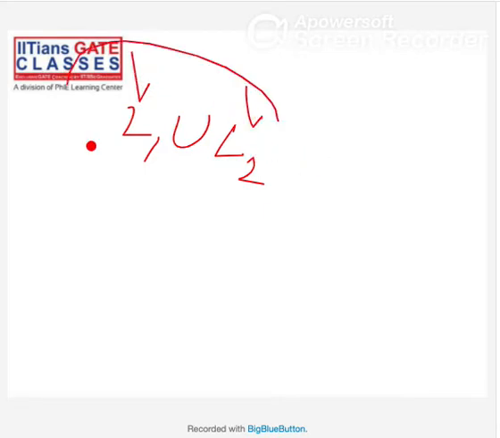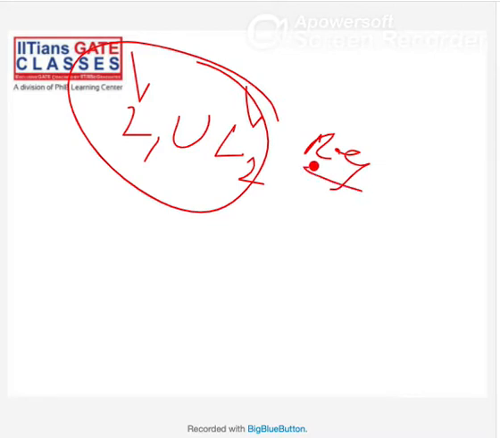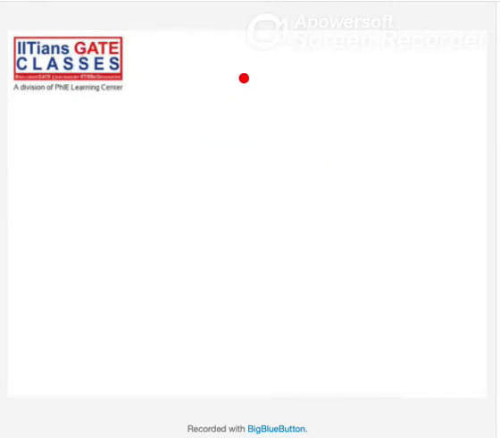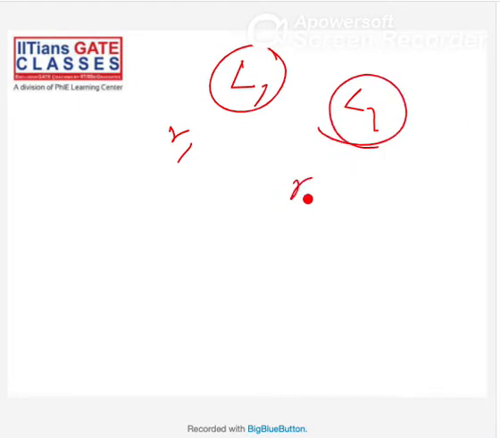Then their union will also be regular. This we have already seen, because very easily you can prove it. Because L1 is regular, it has a regular expression R1. L2 is regular, so it has a regular expression R2.